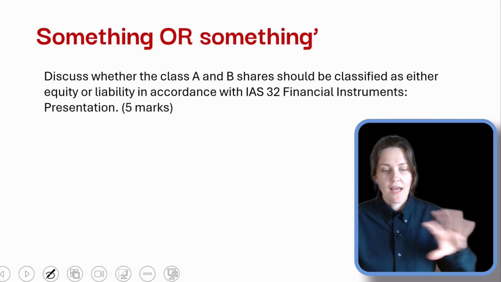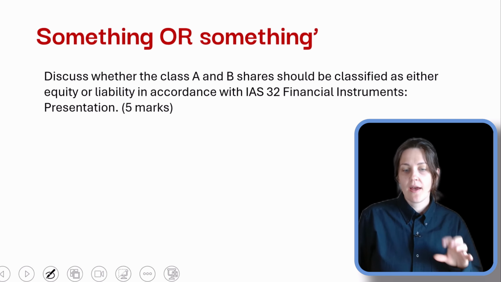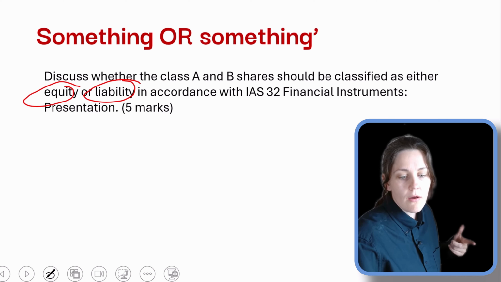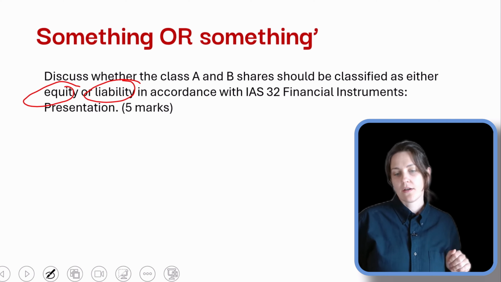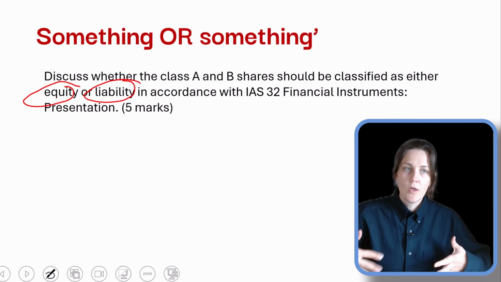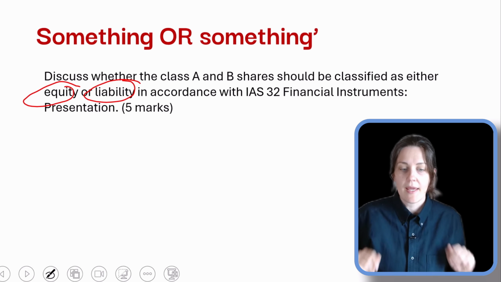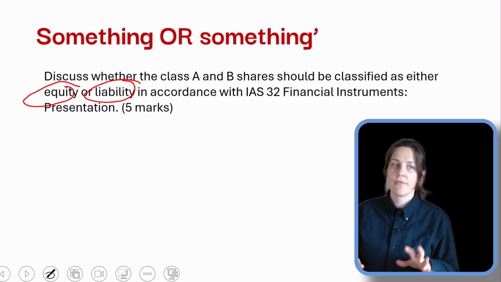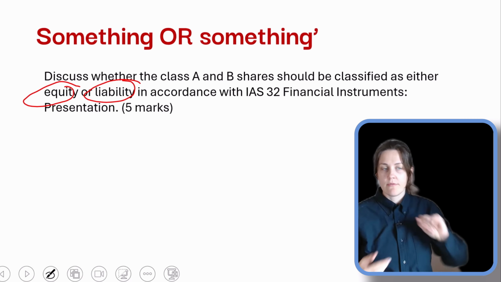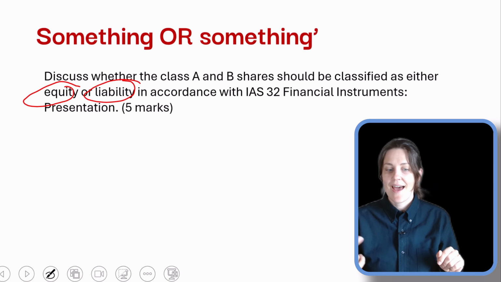So, discuss whether Class A and Class B shares should be classified as either equity or liability in accordance with IAS 32 Financial Instruments. In this case, again, we would need the definition, mainly of a financial liability, and we would go alongside the provisions of that very definition, and that is how we score 5 marks.